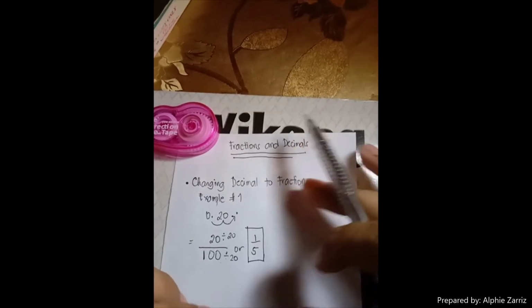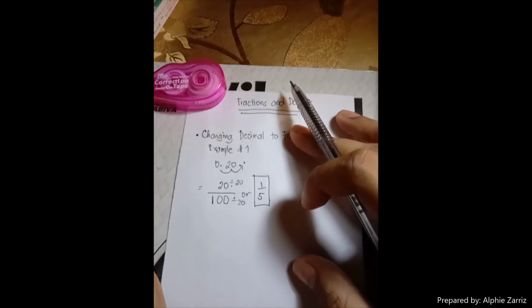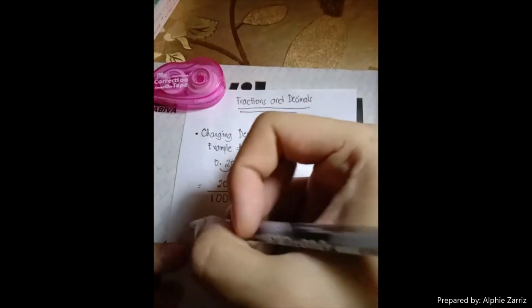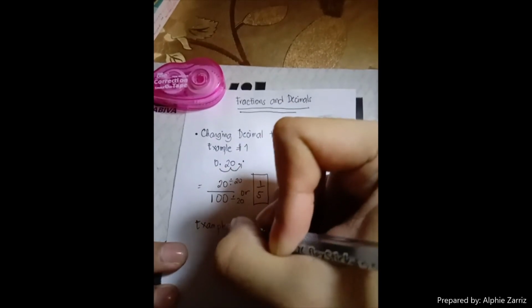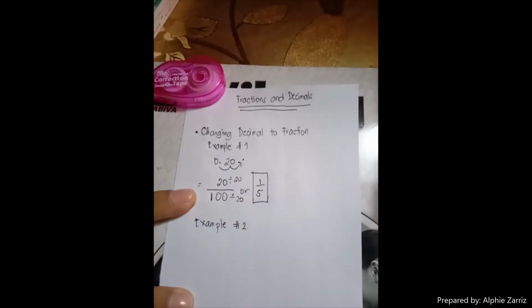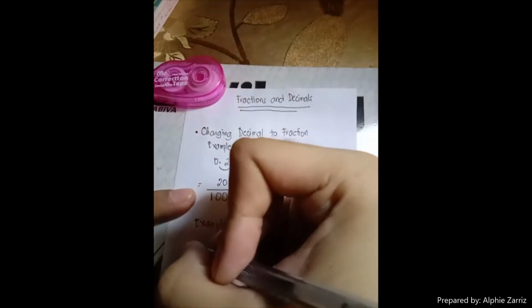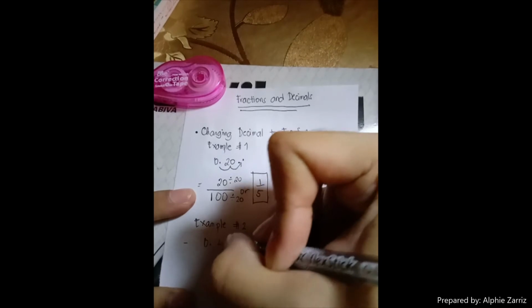Okay, so let's have another example para mas klaro. So what if, example number 2, and now what if I have here 0 and 4 tenths.